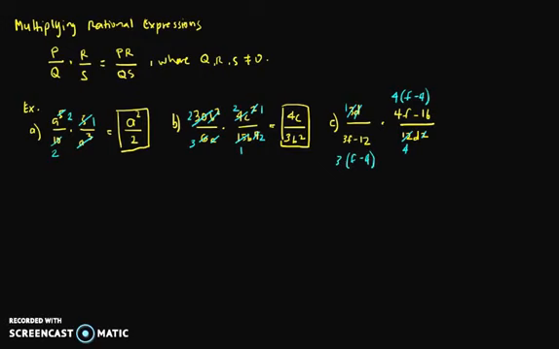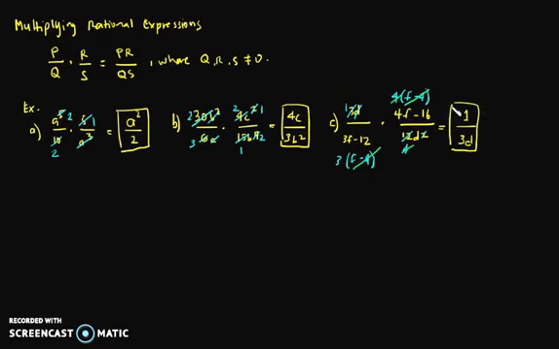Then I still have common terms, f minus 4, which cancel, and also 4 will be cancelled. So we have the remaining terms multiplied: 1 here, and 1 here, all over 3 and d. So the answer is 1 over 3d.